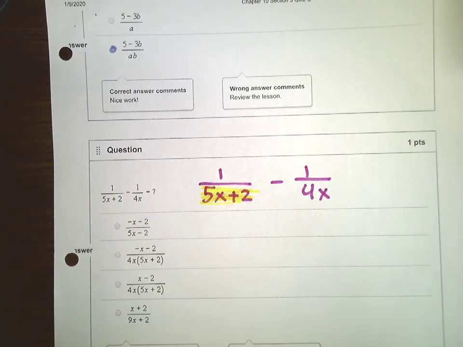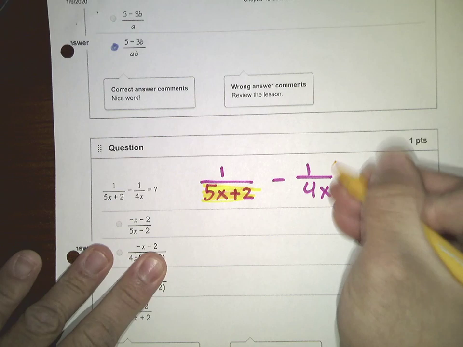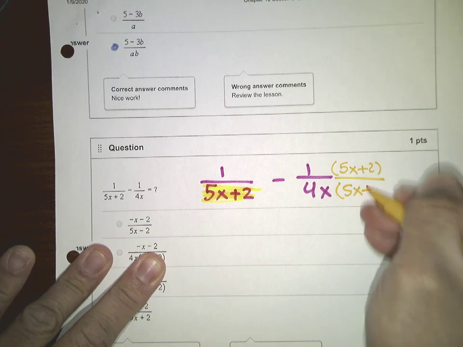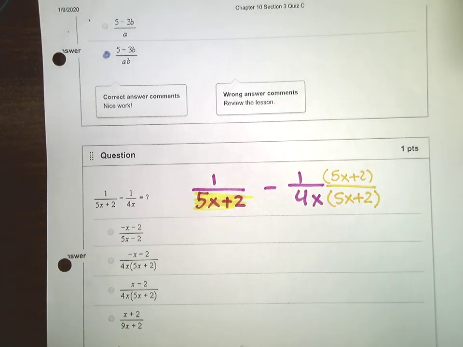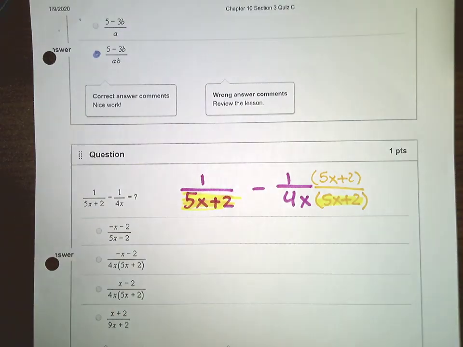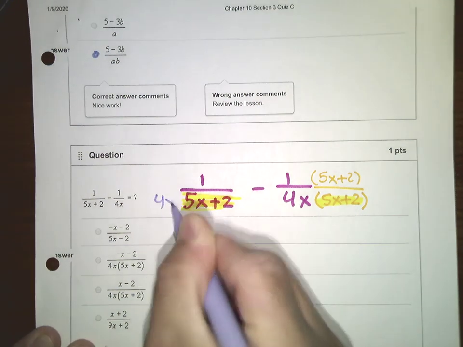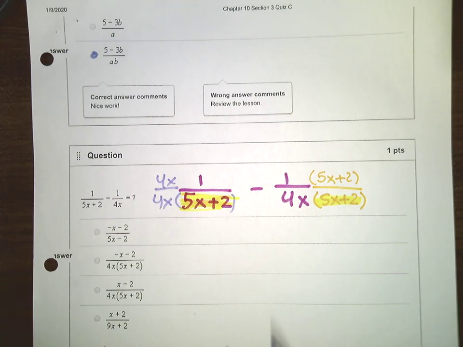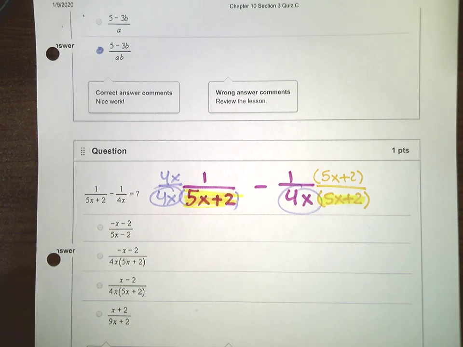So what I will do here is multiply by 5x plus 2 over 5x plus 2. So now they both have 5x plus 2, but now I see that both need a 4x. So 4x times 5x plus 2, 4x times 5x plus 2. So now they both have 4x in them as well.